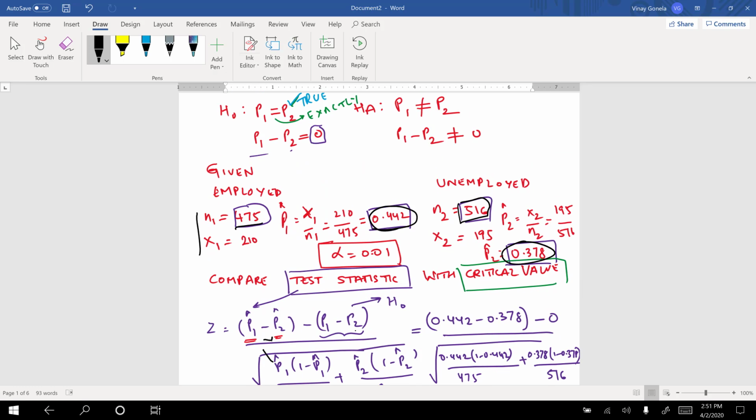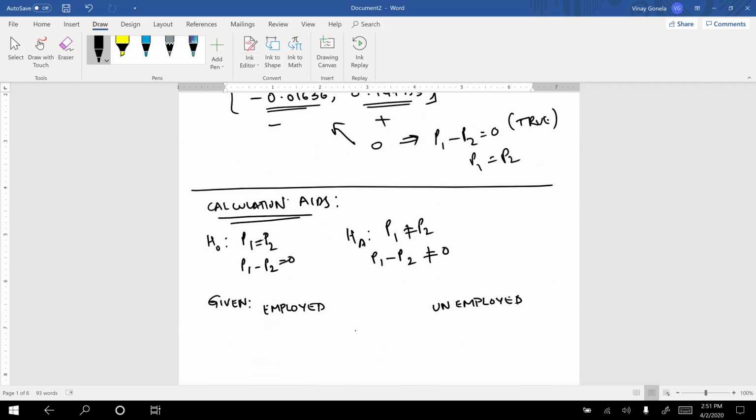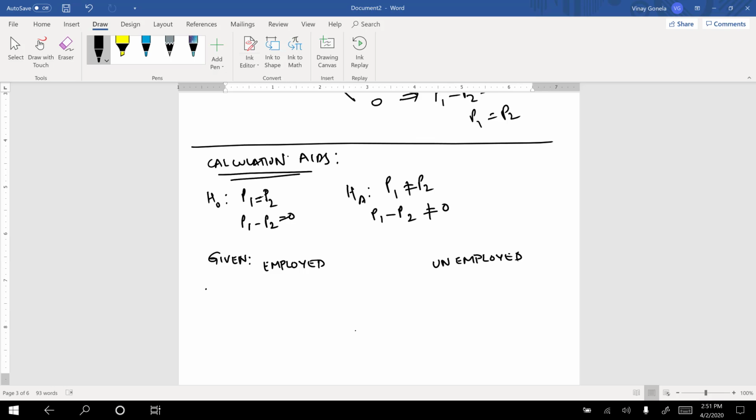I have this on a sheet of paper, so I will just copy those numbers. So n1 is given as 475, x1 is 210, and then n2 is 516, x2 is 195, alpha is given as 0.01.